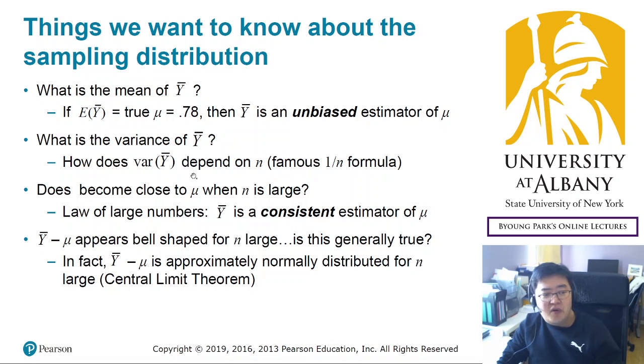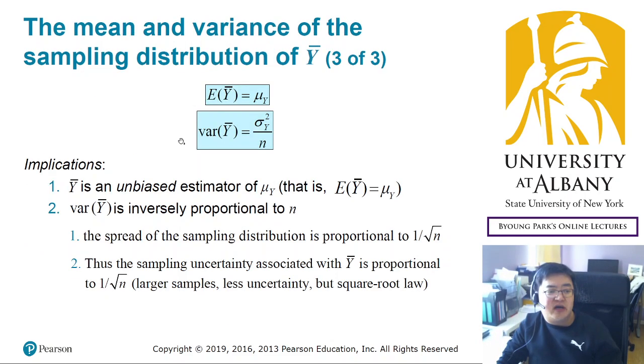These four questions are important, and actually the answers in the end are very straightforward and well known. So first, the mean and the variance are given by these. The expected value of the sample average equals the population mean of y, what you want to estimate. And the variance of your sample average equals the population variance of y divided by the sample size.